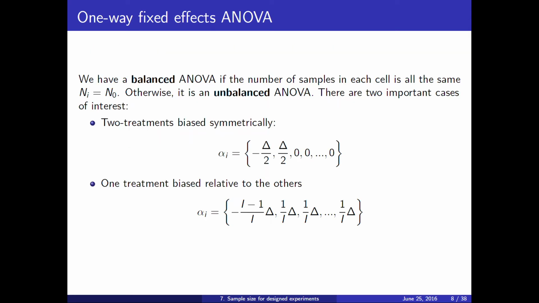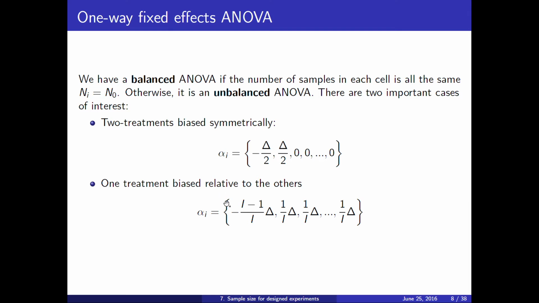Let's say that we have a balanced ANOVA, so all the cells have the same number of observations. If not, if we don't have the same number of observations for all cells, we have an imbalanced ANOVA. There are two important cases of interest. One is two treatments that are biased symmetrically, so all the alphas are 0 except two that are different.